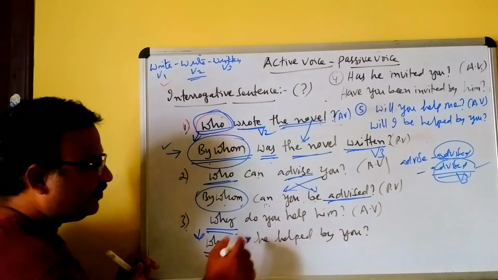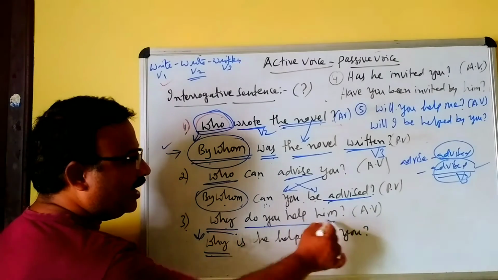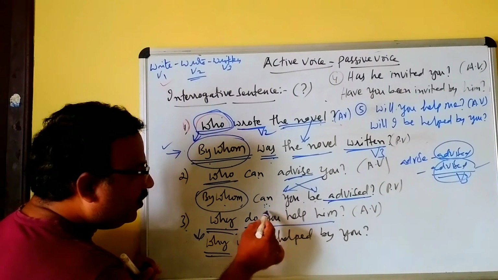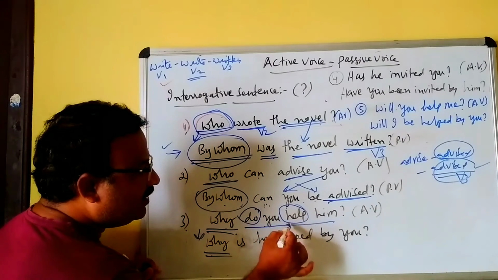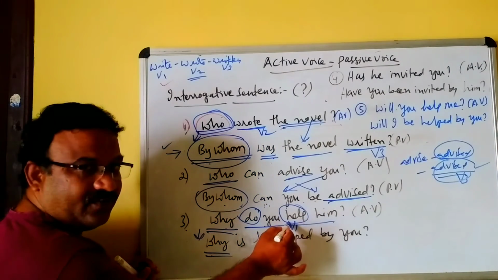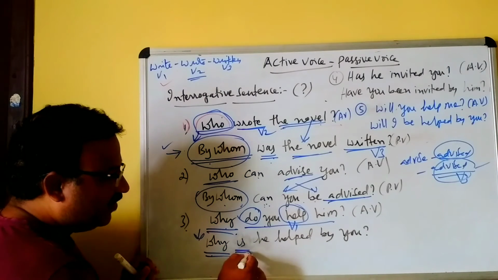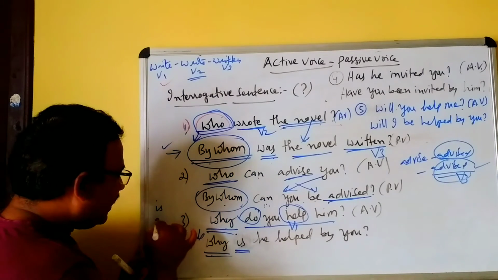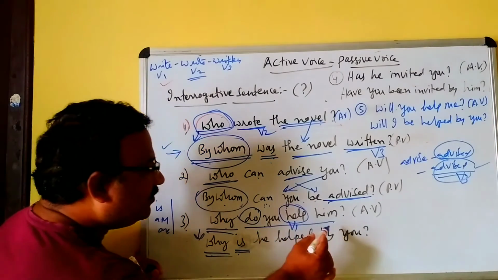Why, and do you help him? Do help means what? V1. So V1 is here. What are the be form verbs? Is, am, are.